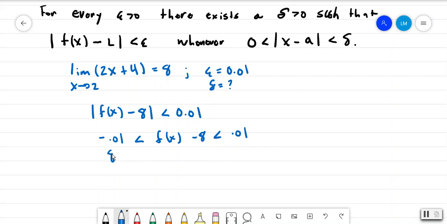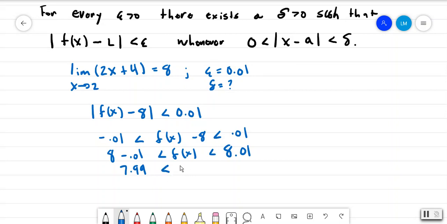So we have 8 minus 0.01 less than f of x, and that's less than 8.01.